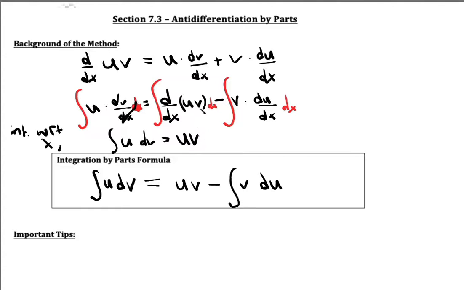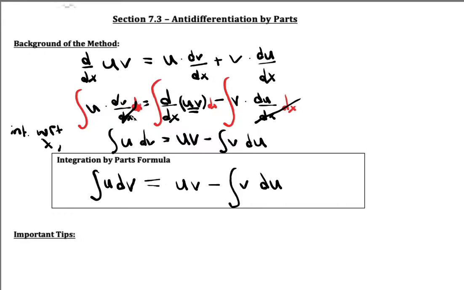So we're just left with the function in the integrand, which is uv. And over here, the dx's cancel out, and now we have minus the integral of v du. That's the integration by parts formula, and that's how you derive it.